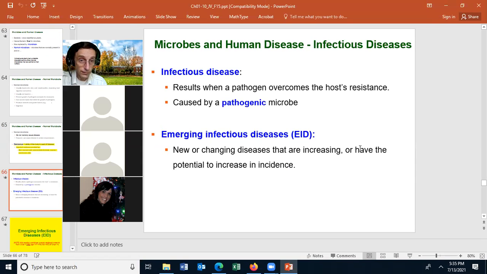An emerging infectious disease is a new or changing disease that is increasing or has the potential to increase in incidence. Right now, we're under the pandemic of COVID-19, and that is considered an emerging infectious disease because 2 years ago, nobody in the human population was infected, that we know of at least, with COVID-19.